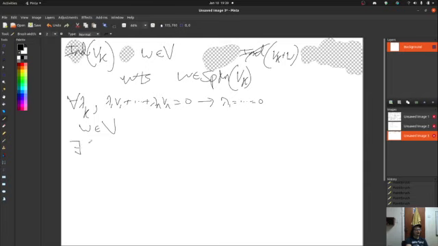Means there exists a, let's call it a phi in phi k, there exists a phi in phi k such that phi is not equal to 0. It's at least one. It's probably more.